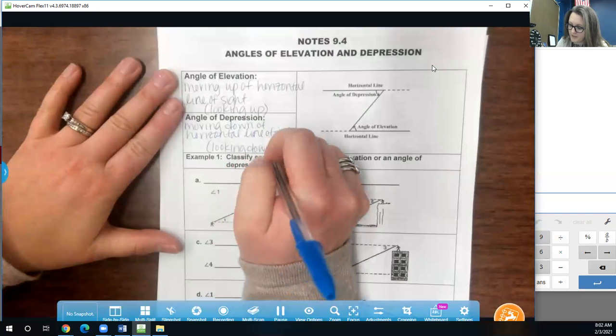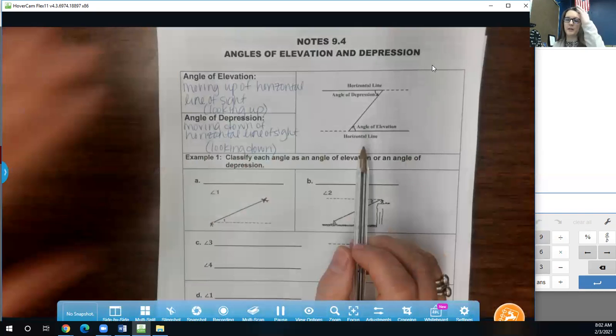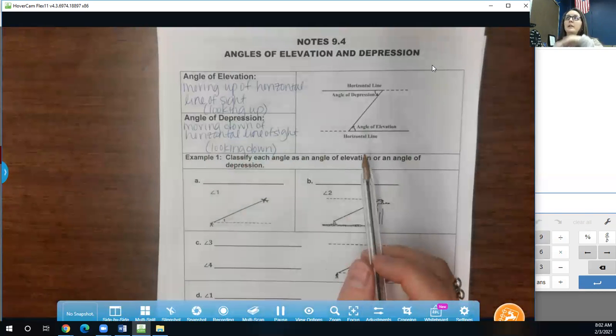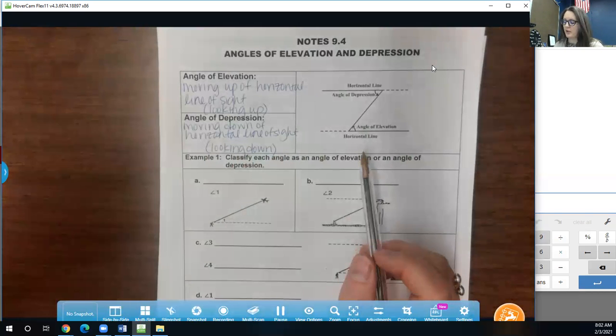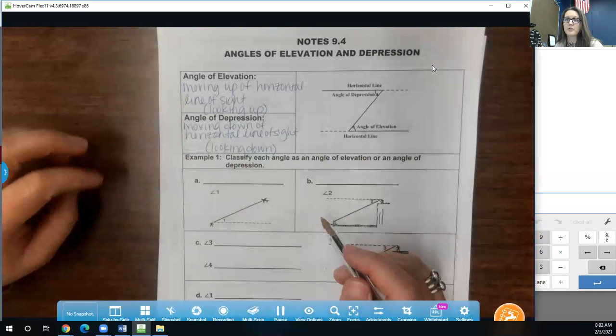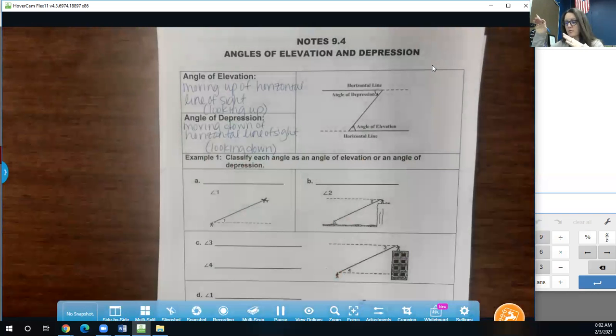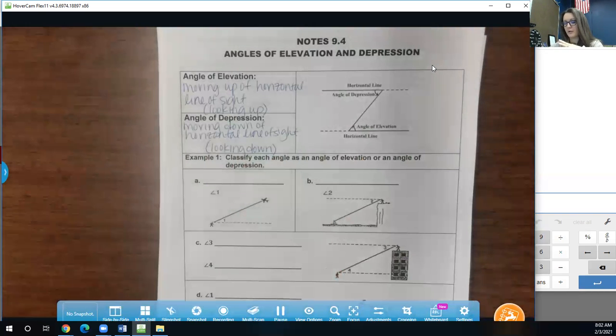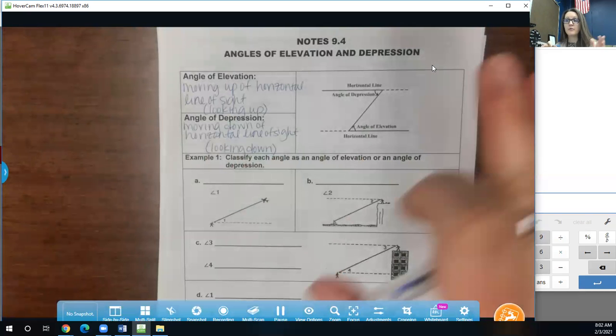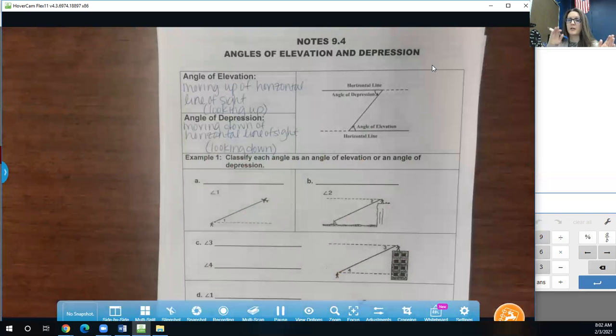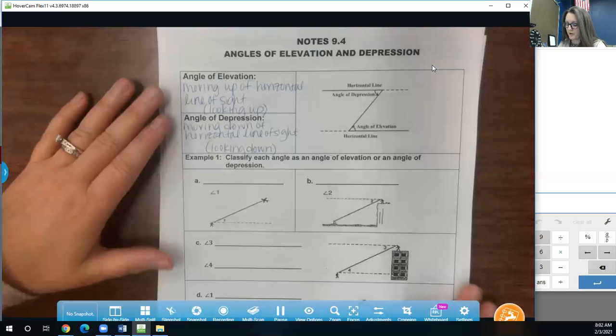So examples here, looking up would be like looking up at a tall building or at a bird. That would be angle of elevation. Angle of depression is like if you're in an airplane and you're looking down at the cars on the road, that's angle of depression. Or if you're in a tall building and you're looking down, or even if you're in a second story of something and you're looking down, that's still angle of depression, okay?